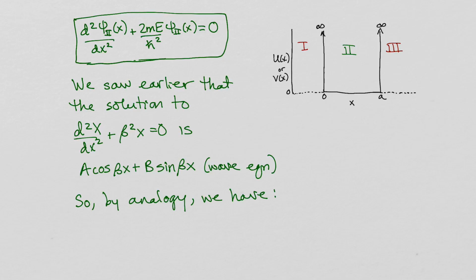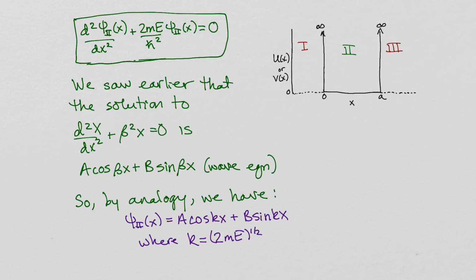By analogy, we can say that our wave function, psi 2 of x, can be written as A cosine kx plus B sine kx, where our constant k is given by (2mE)^(1/2) over h bar.